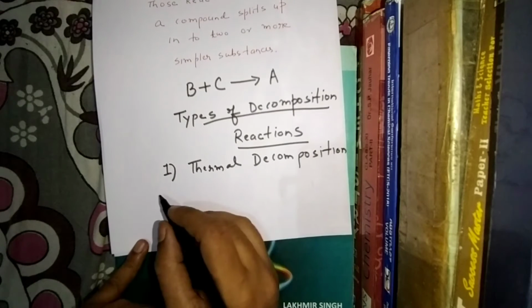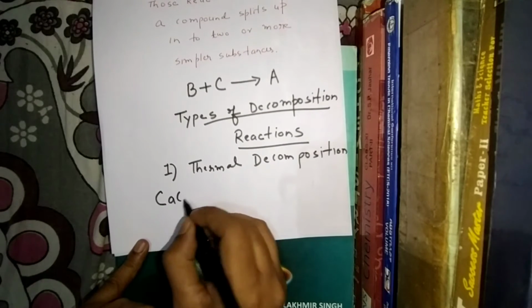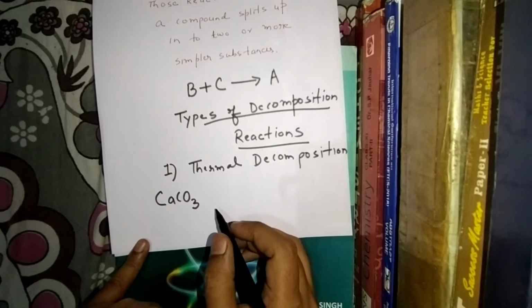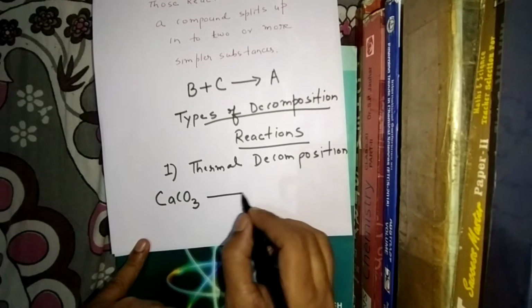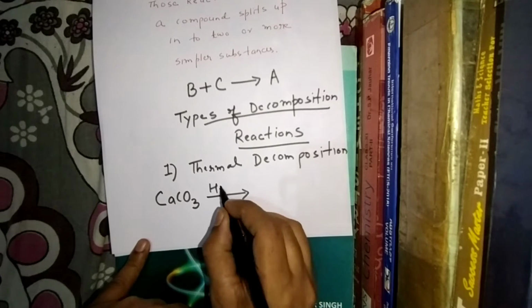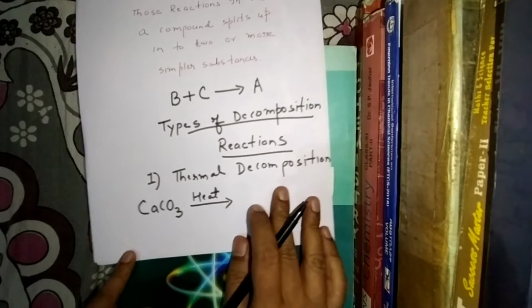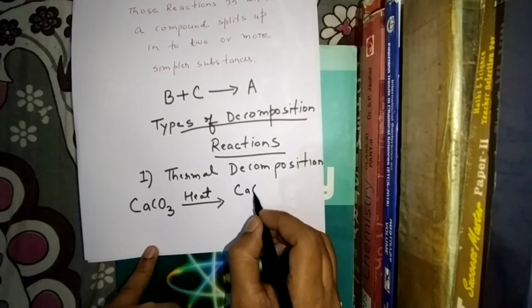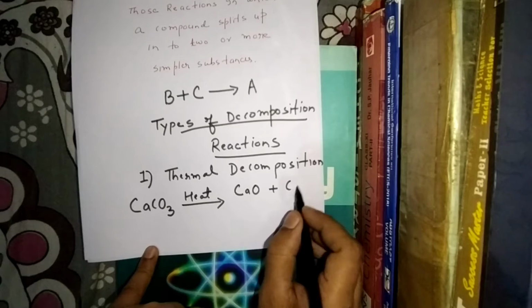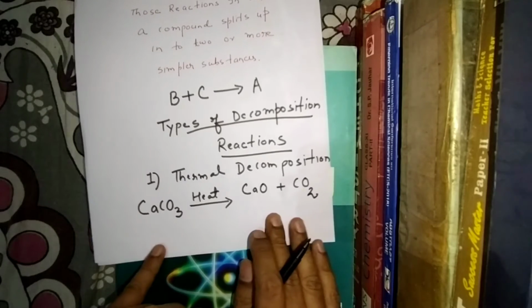For example, we have calcium carbonate. When heated, it decomposes to give calcium oxide and carbon dioxide.